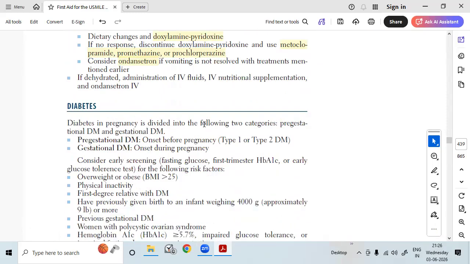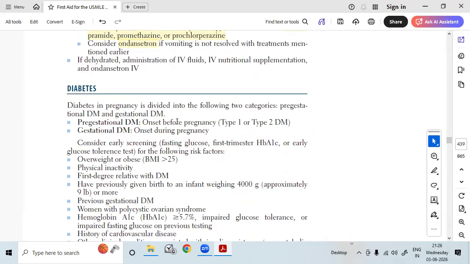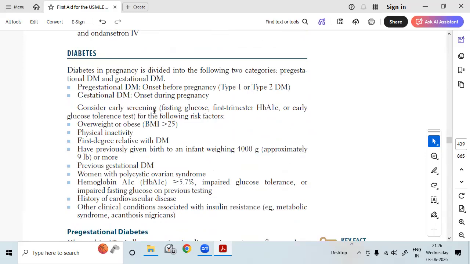Diabetes in pregnancy is divided into two categories, pregestational and gestational. Pregestational is somebody who has diabetes before pregnancy, such as type 1 or type 2. Gestational onset is during pregnancy. Consider early screening, fasting glucose, first trimester HbA1c, or early glucose tolerance test for the following risk factors.